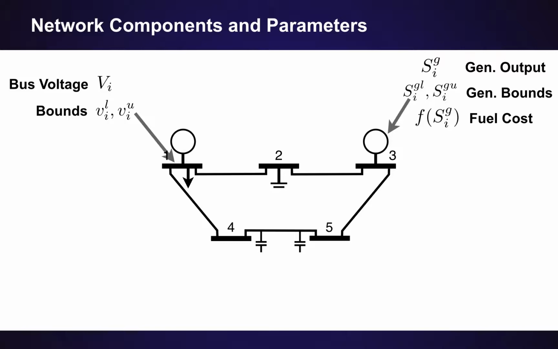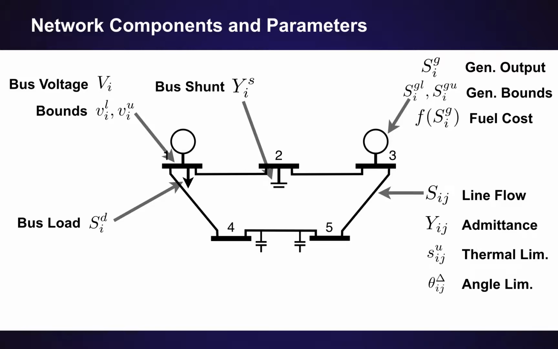And then we'll also assume we have a cost function, so for example, fuel cost for each generator. This little arrow indicates a load. We're assuming that loads are simple constant power loads, but it's also a complex number. This icon indicates a bus shunt, which we just assume is an admittance to ground with the value y. Then for each line, we have three values. We have an admittance y, we have the thermal limit s, and an angle limit theta.